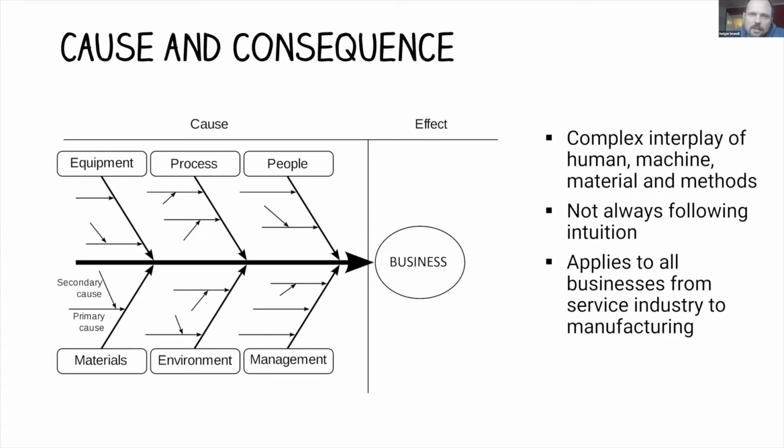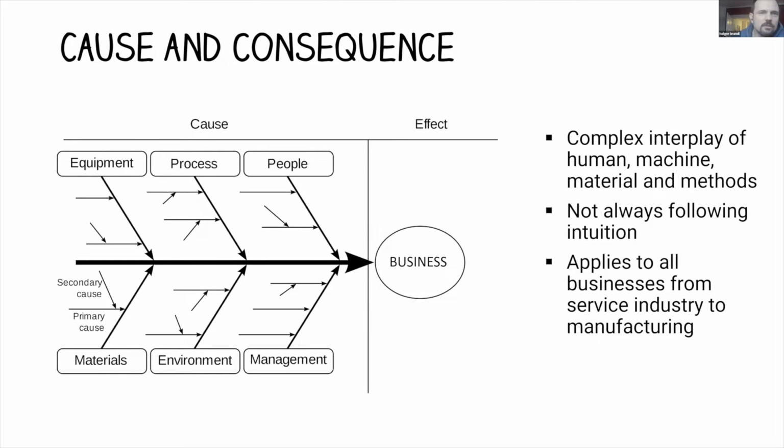Unfortunately, they very often don't do so in a linear, intuitive way, but there's some kind of non-trivial interplay of these resources, which we need to unravel. And one way to do so is to build a model.